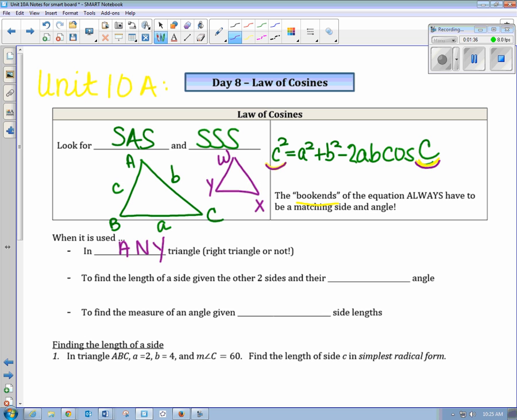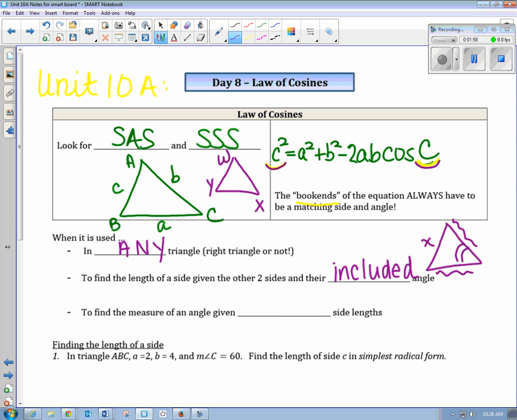We are going to use this in any triangle, right triangle or not, to find the length of a given side when the other two sides and their included angle are known. So for instance, if we know this side, this side, and this angle, then this is what we're looking for.